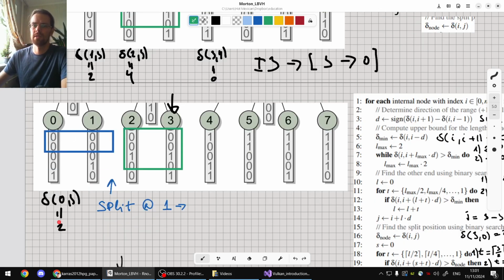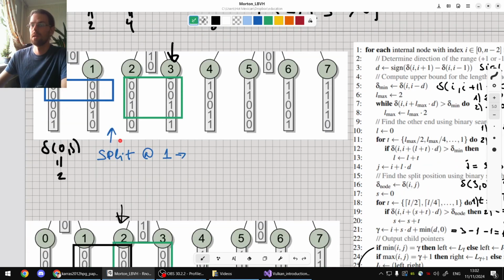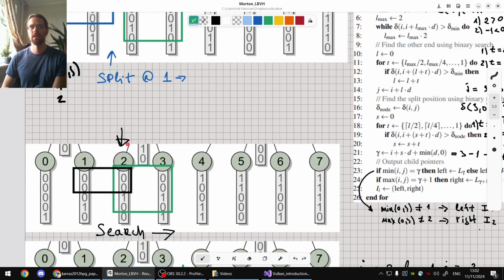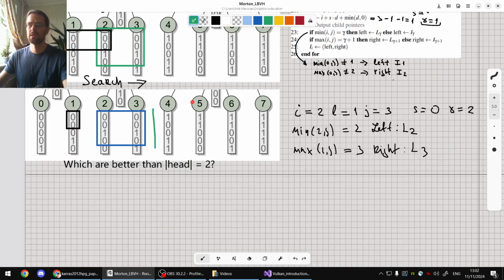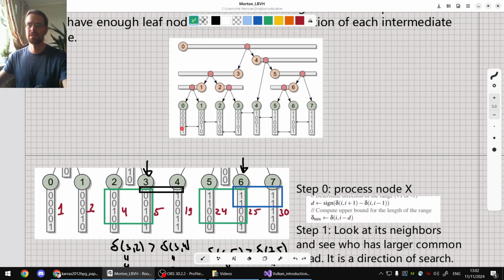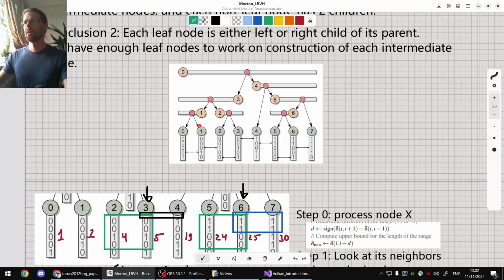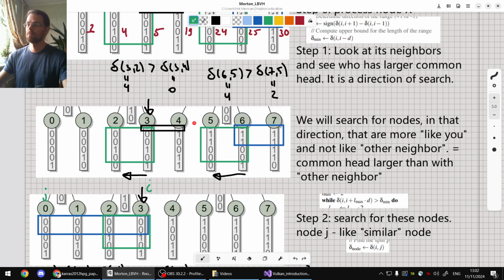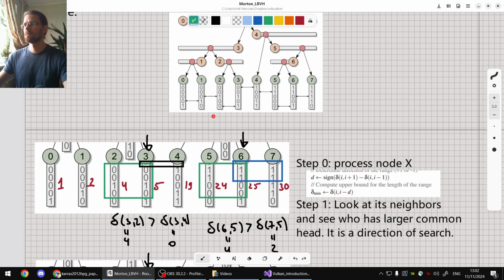So as I've said, this delta ij is a minimum common head, and at some point it will reach this minimum, and we are searching for when it will reach this minimum. And what this enables, plus some magic, is to construct this bound. It's not yet a bounding volume hierarchy, but it's a radix tree, in parallel fashion, which is amazing because it's very fast, especially if you have a lot of nodes.